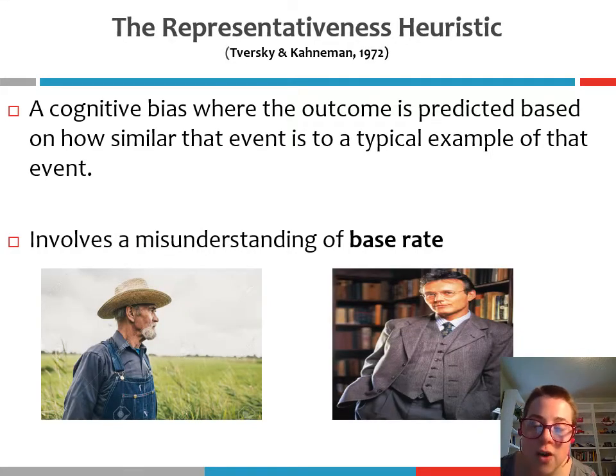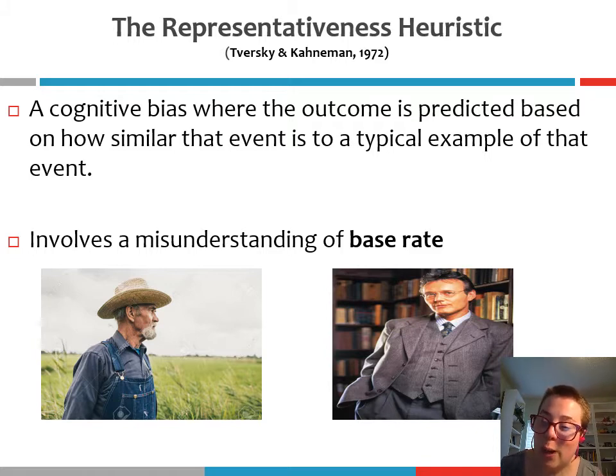So how is this at work in the problem that I just showed you, the farmer and librarian problem? Well, by and large, it seems that the description of Robert as someone wearing glasses, speaking quietly, and reading a lot matched people's typical image of what a librarian is, or their assumptions about what a typical librarian is like, right?